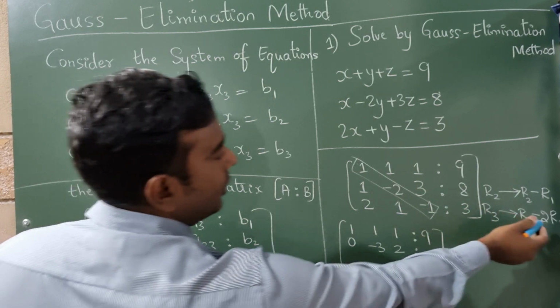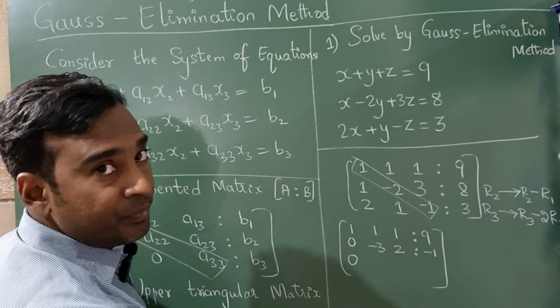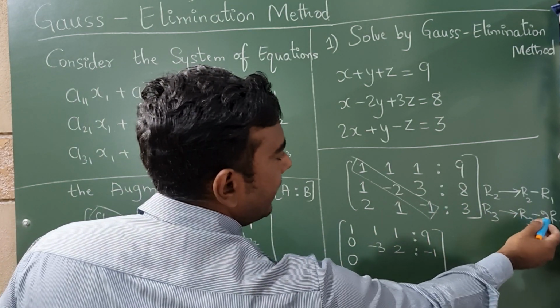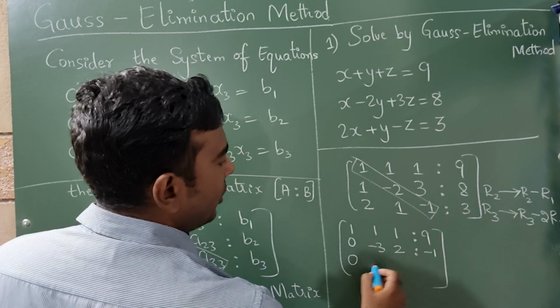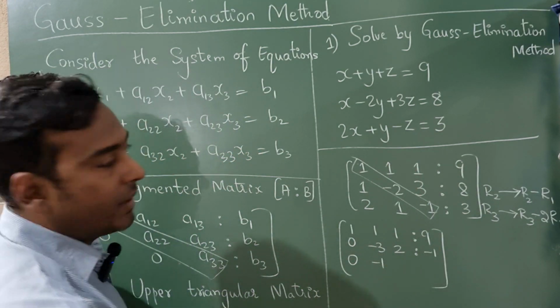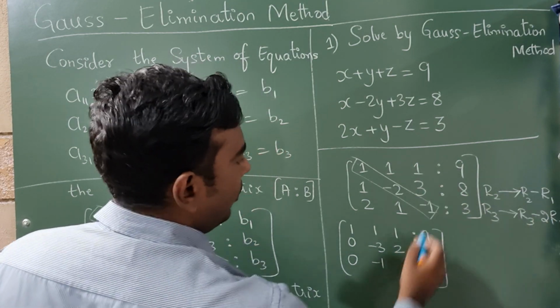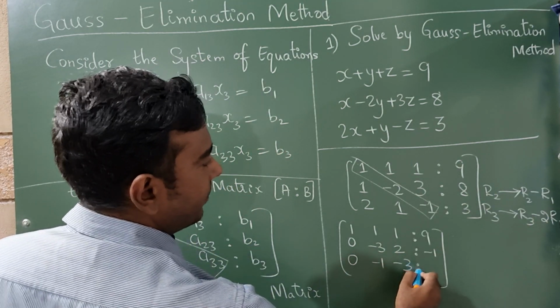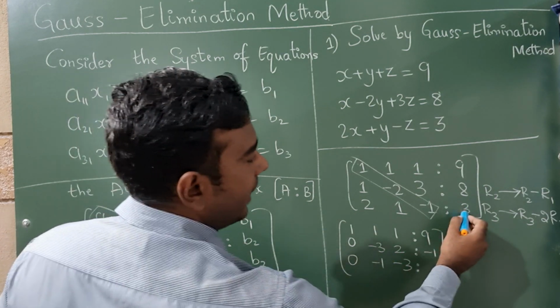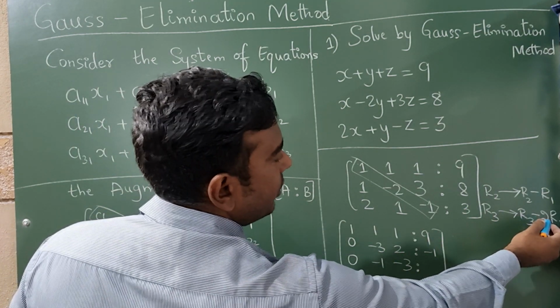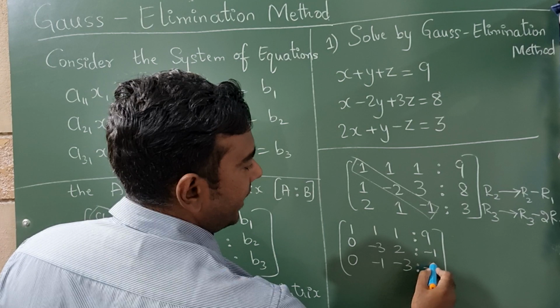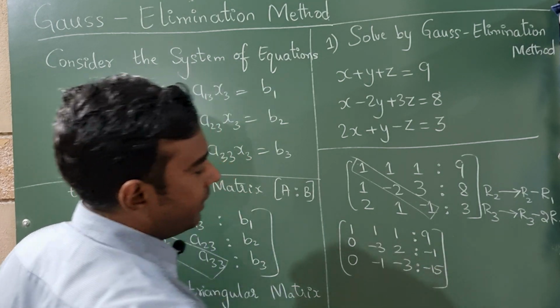So 2 minus 2 will become 0. Now 1 minus 2 into 1 is 2, so this will become minus 1. Now minus 1 minus 2 will become minus 3. Now here R3 is 3, minus 2 nines are 18, so it will become minus 15.